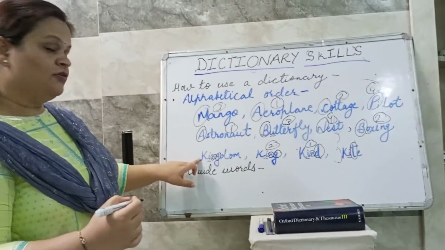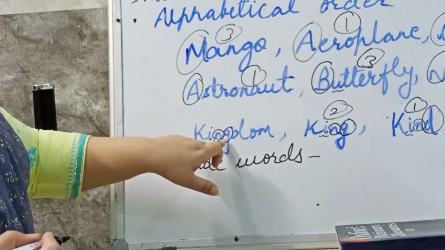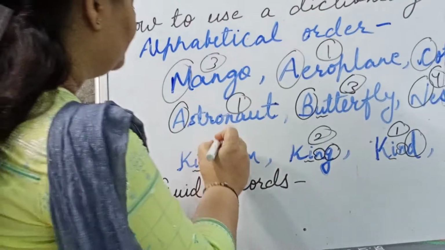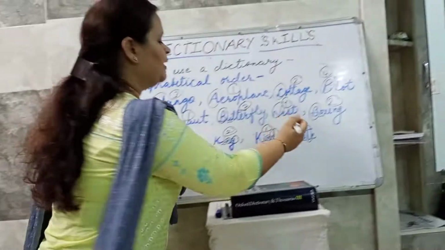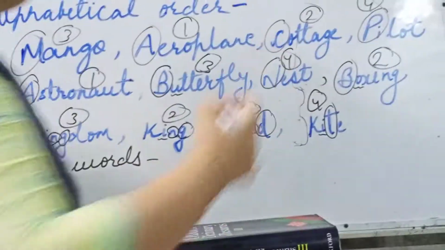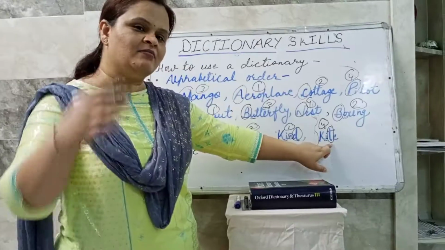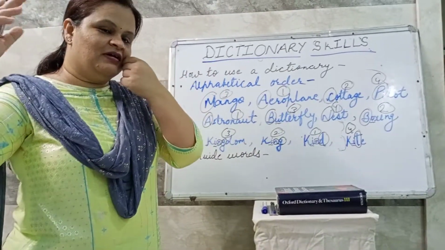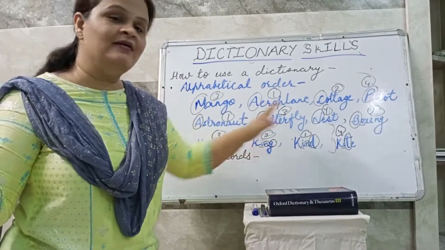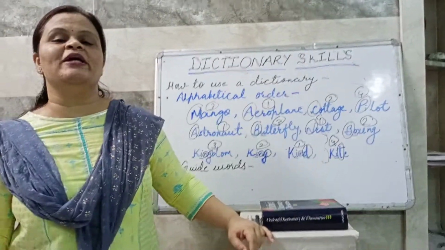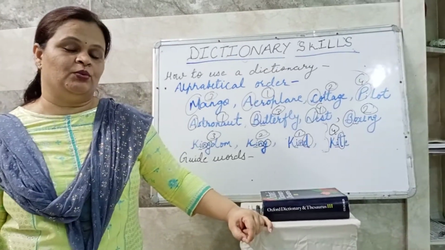Then, of course, kingdom is third and the fourth will be kite. Why is kite fourth? Because T comes after G and D. So in this way, children, you have to do.